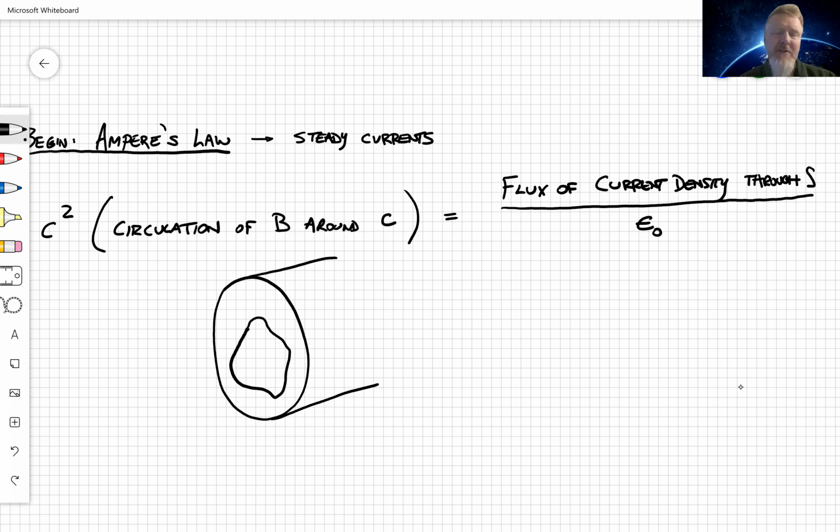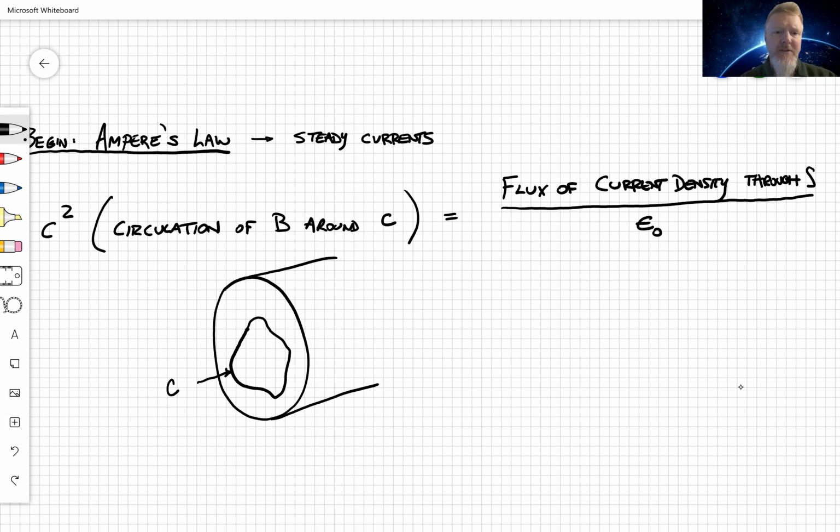I'm making a ridiculous drawing here because this is a fairly general thing. As we implement it, we're going to use circles. But just to let you know, this is my curve C, and I'm going to look at the circulation of B around the perimeter of C. Now over here on the right side, I've got the flux of current density through S, and S is going to be the planar surface area that curve C has inside here.